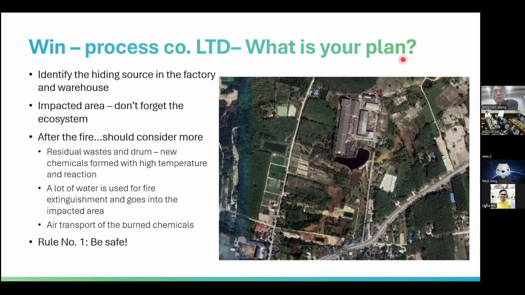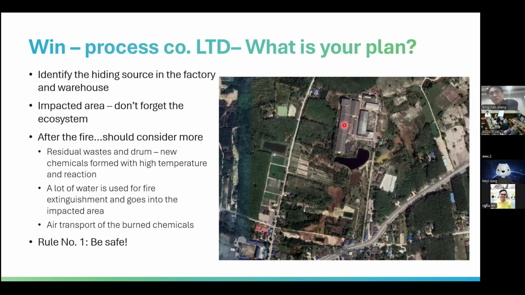For example, the warehouse location should be around here, and from the aerial photos from about 2014, a waste storage area is located here. So we separate based on the storage tank, based on the potential wastes.